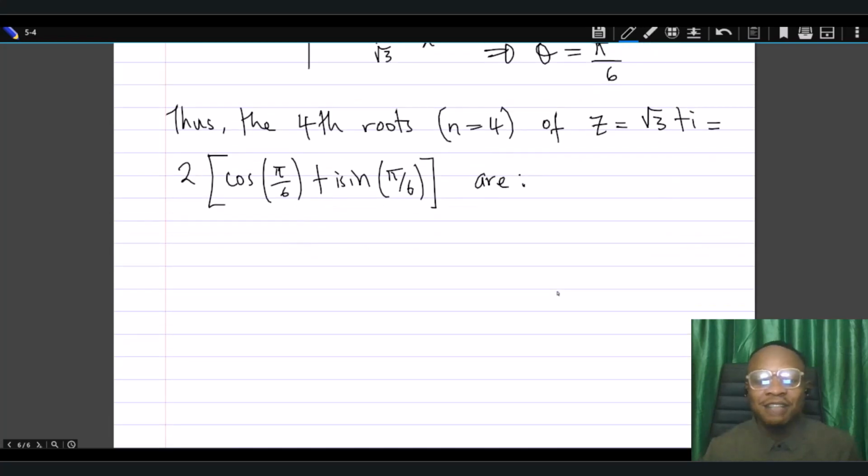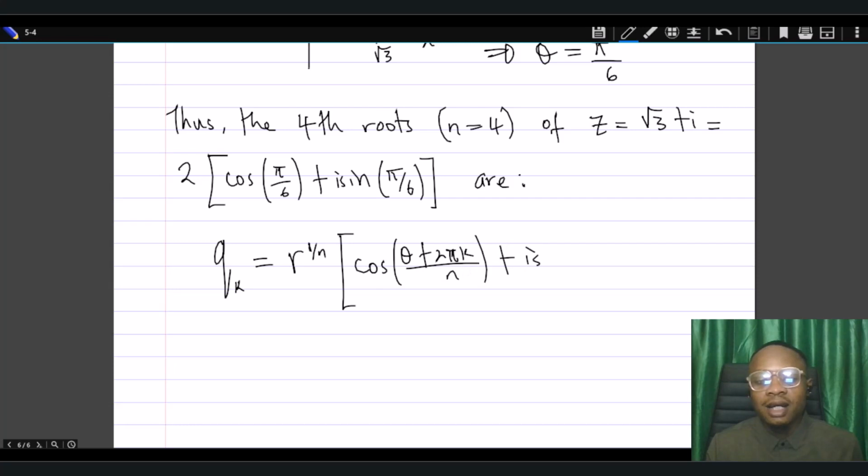So let's write out the general formula yet again. We know that z sub k is r to the power of 1 over n, then cosine of theta plus 2 pi k, all divided by n, plus I multiplying the sine of theta plus 2 pi k, all divided by n, then we close off the bracket, and then we know that k should go from 0 to n minus 1.